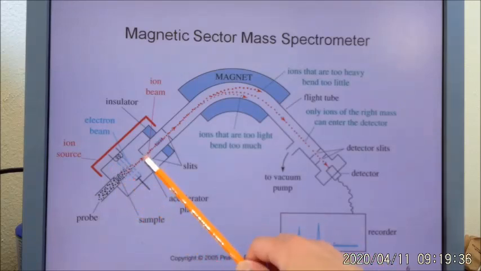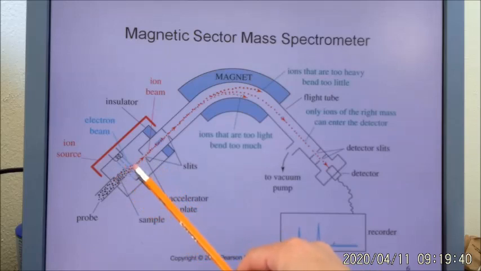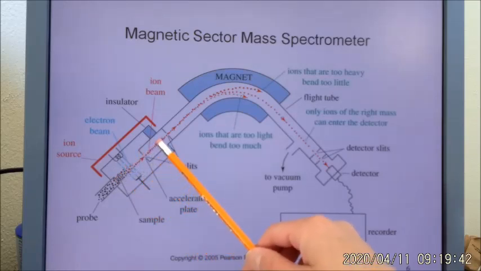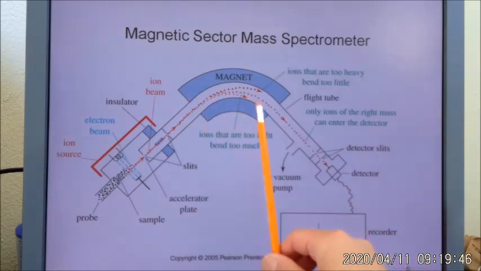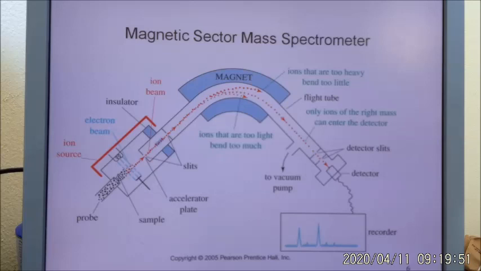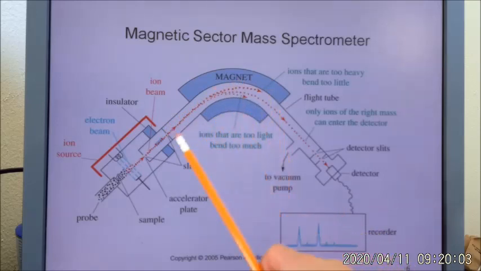My accelerator plate, your ion beam comes here and accelerates all your cations through. And what you do is you change your magnetic field strength. As you change it, if the ions are too light, they'll bend too much and hit the wall. If the ions are too heavy, they're not going to bend enough and they're going to hit the wall.